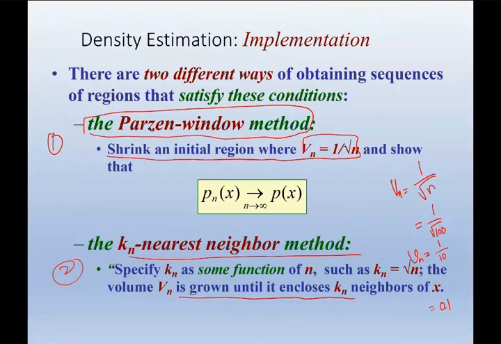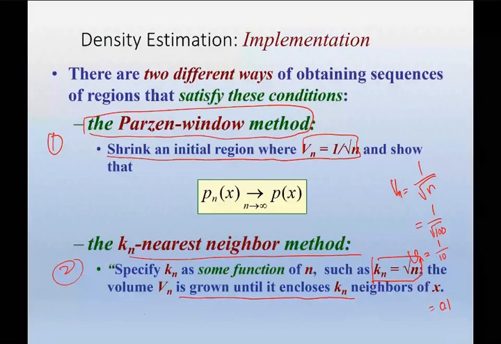Now the other way is the growing window, where we assume that k is equal to square root of n. That means we will count, or we will grow the window, till we get this count Kn equal to root n.